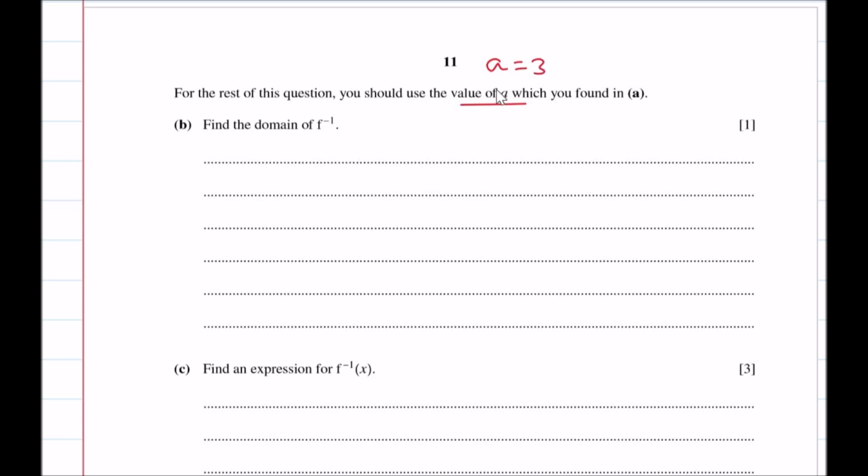Okay. Find the domain of f inverse. So as we know, the domain of f inverse is equal to the range of f.